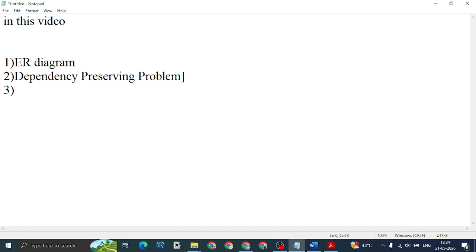Third one is the lossless decomposition problem.